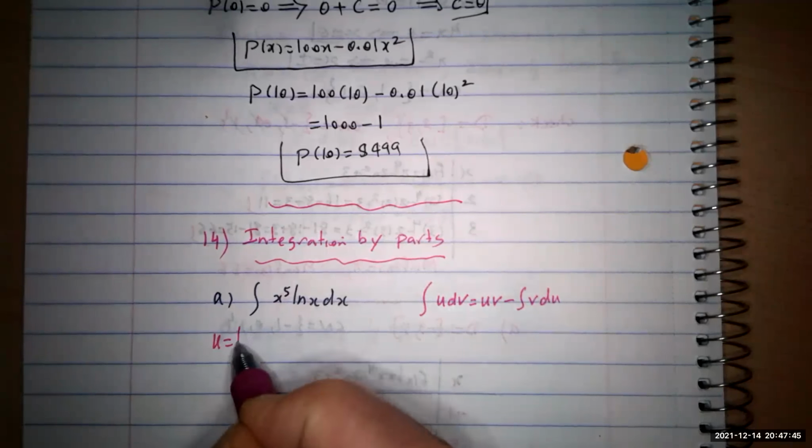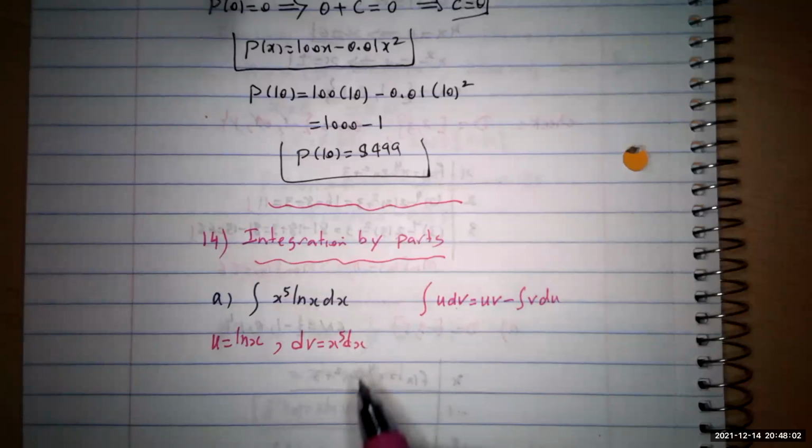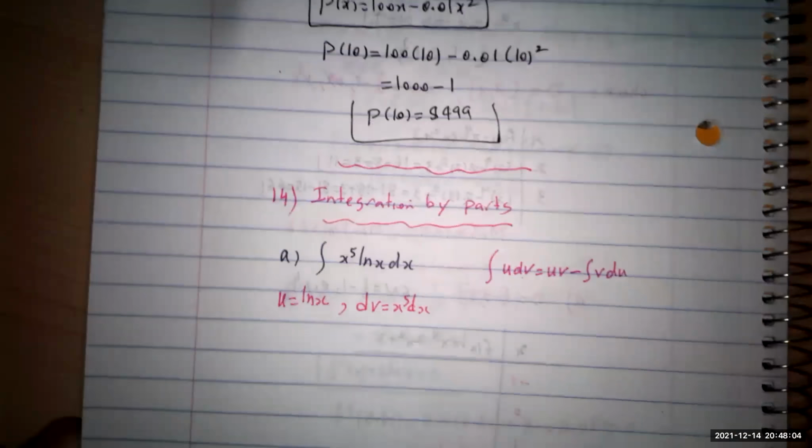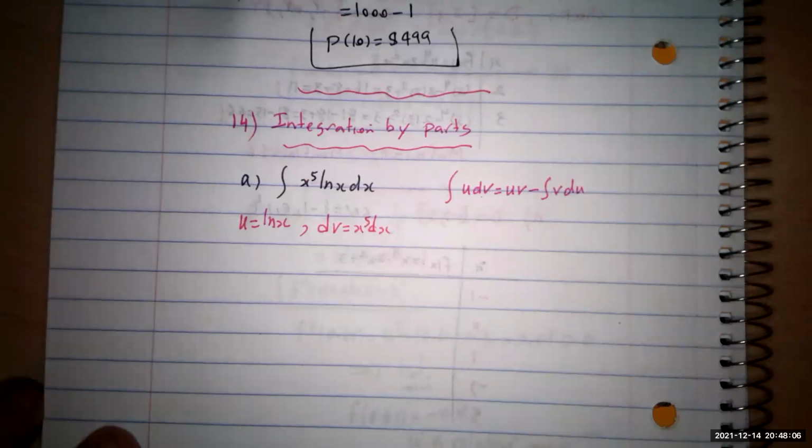Whatever is left over, we call it dv. So the leftover is x to the 5th times dx, so dv would be x to the 5th dx. Okay, any question? No. Once you pick the u, you have to find the du.